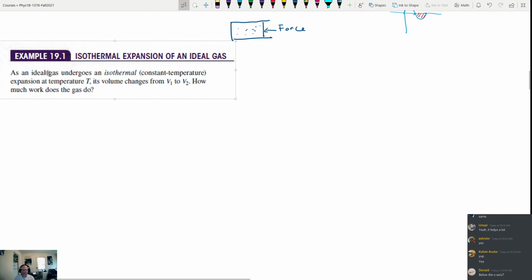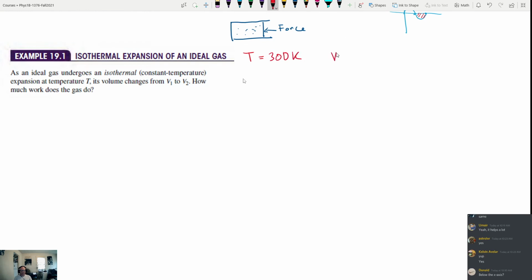All right, so as an ideal gas undergoes an isothermal, constant temperature expansion at temperature T, its volume changes from V1 to V2. How much work does the gas do? Let's pick some numbers too. Let's pick 300 Kelvin for the temperature of the gas. That's pretty close to room temperature, and it's a nice round number.